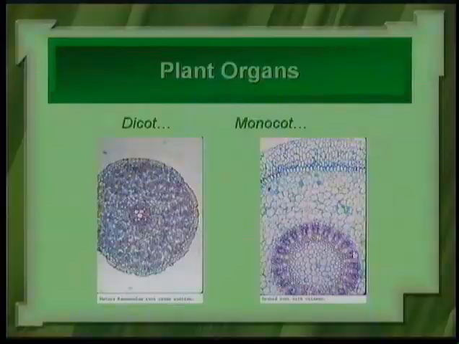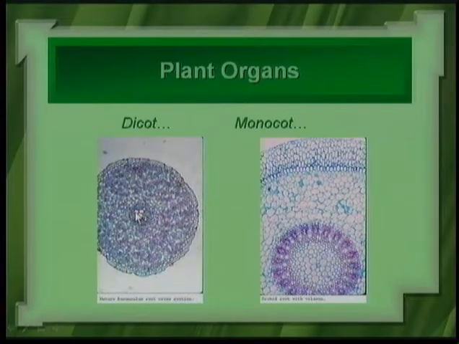Anyway, looking at this within this vascular cylinder. So here's the vascular cylinder inside this monocot. Generally, these areas here with the holes in them, they look like large cells. These are xylem cells here, xylem. And between them, you'll have the phloem. So you can tell the difference between a dicot and a monocot root cross-section just by looking at that.